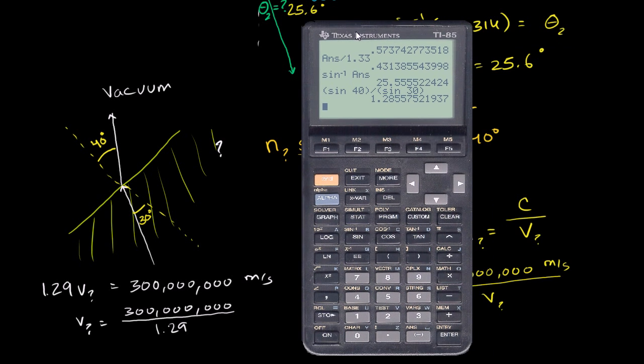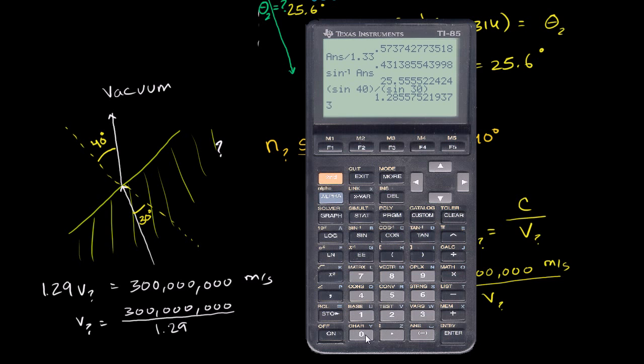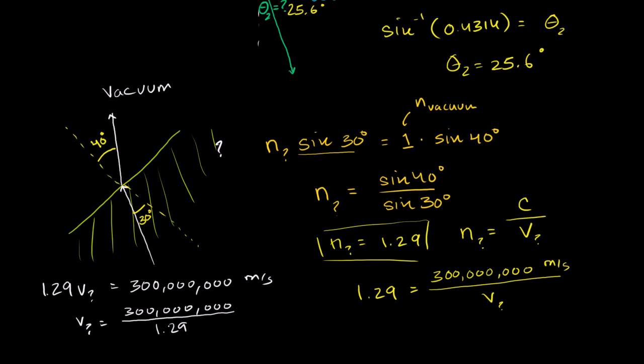So in this material, that's 300 million divided by 1.29. Light will travel a super slow 232 million meters per second. Just to round off, it's approximately 232 million meters per second.